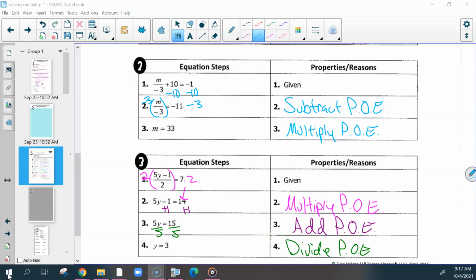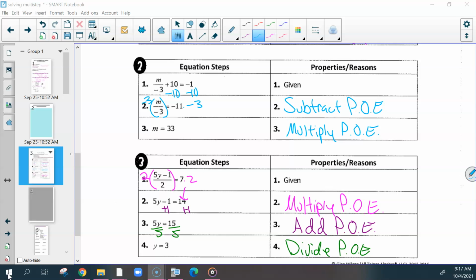Alright, let me give this a second here. So those two should have been subtraction and then multiplication. So to get rid of the 10, they subtracted because we're doing the opposite. And then because we're already dividing, the opposite of that is multiplying.